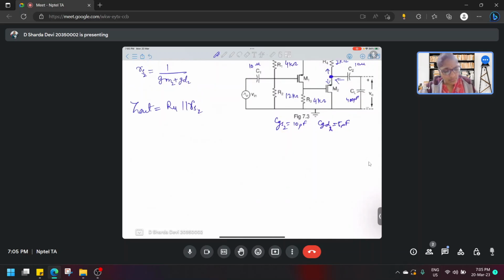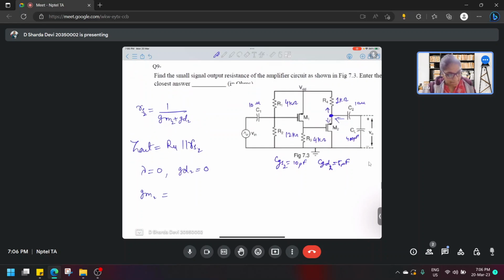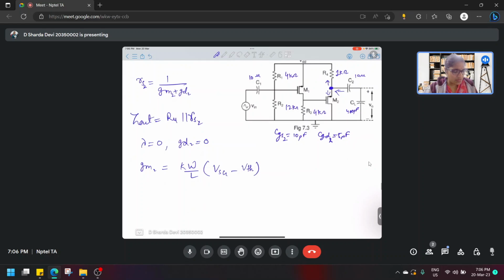So since lambda is 0, GT2 will be 0. We don't have to consider. So we need to find out GM2. GM2 is simply KW by L VSG minus VTH. We have found out VSG, right?